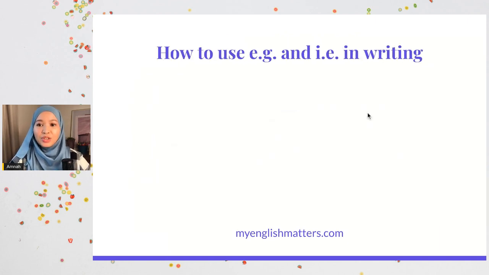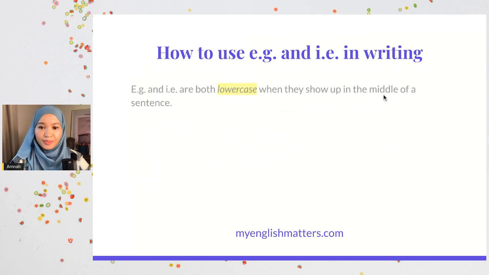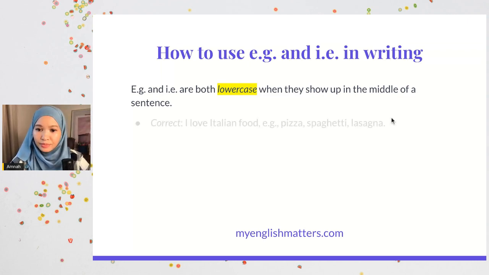All right, how to use e.g. and i.e. in writing? E.g. and i.e. are both lowercase when they show up in the middle of a sentence. So lowercase means it's not in capital letters. So here's the correct way to write it. I love Italian food, e.g. pizza, spaghetti, lasagna.